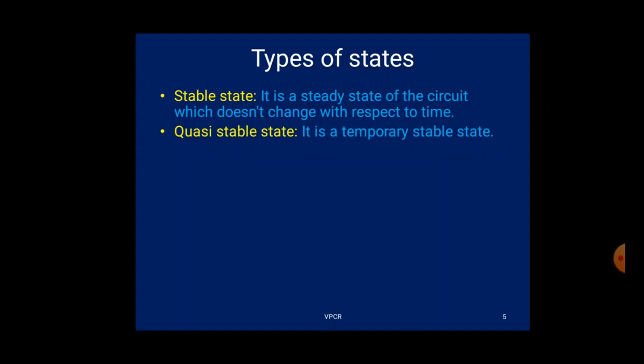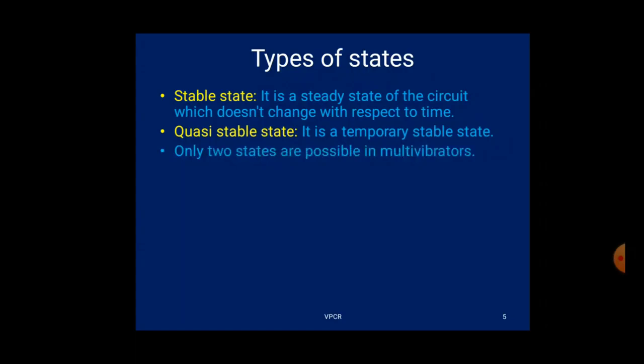Next is the quasi stable state. A quasi stable state is like a semi stable state, that means it is a temporary stable state. Coming to multivibrators, they have only two states. Please recollect the general definition from Oxford.